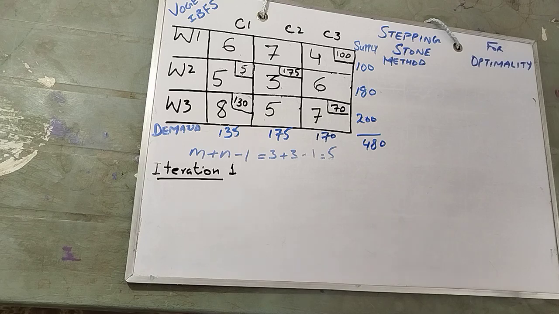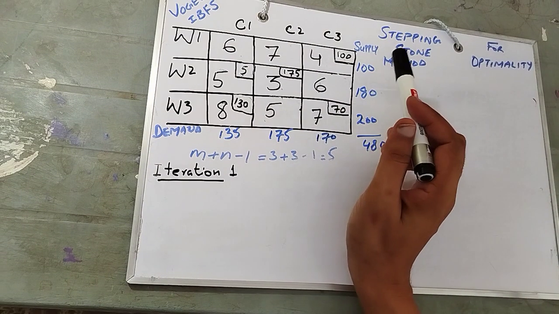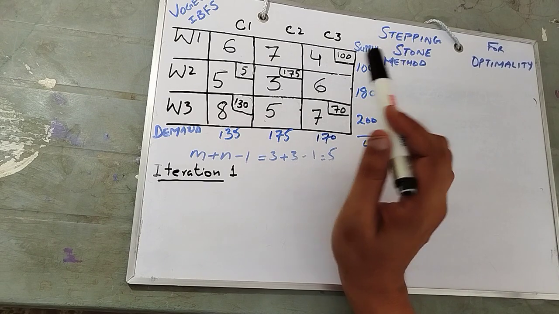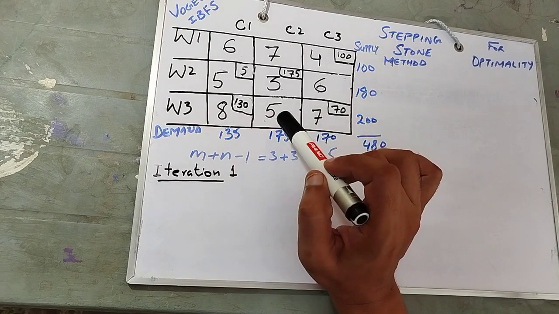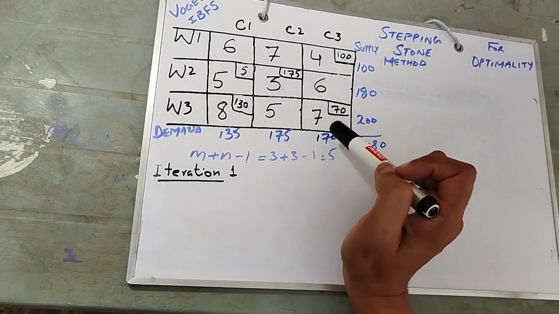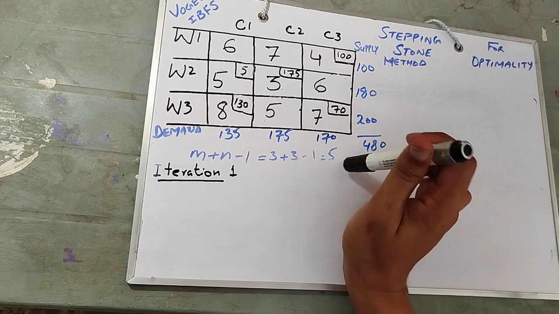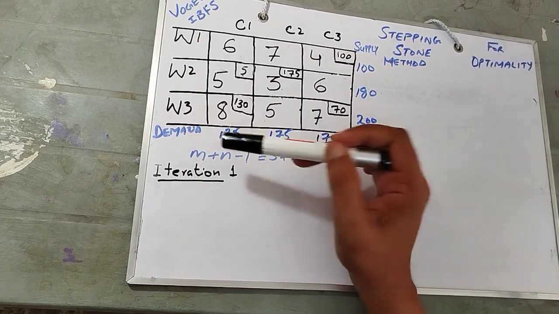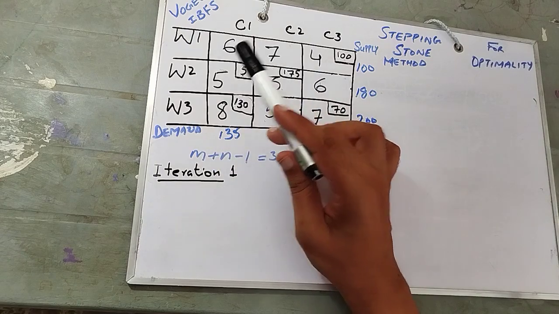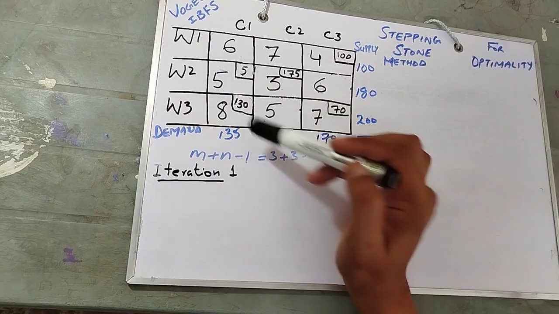You need to see what the total allocation count is. 1, 2, 3, 4, 5. Because the count must be equal to this formula: m plus n minus 1. M is the number of rows, 3.